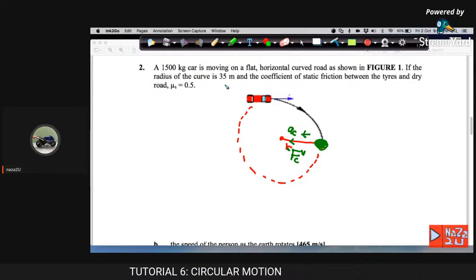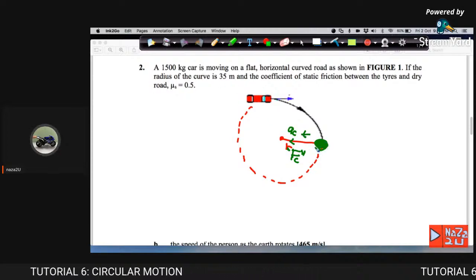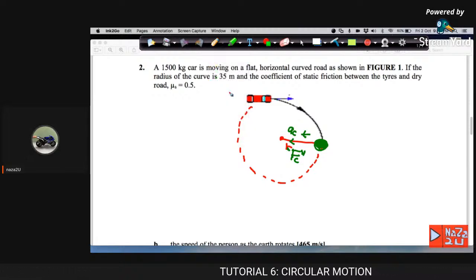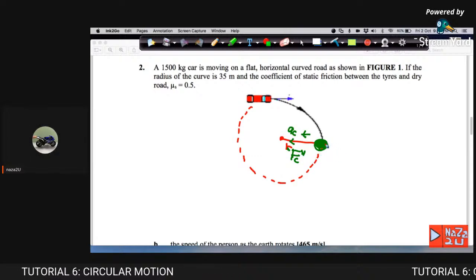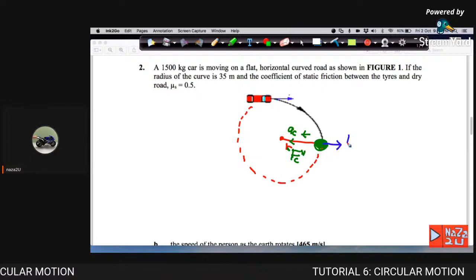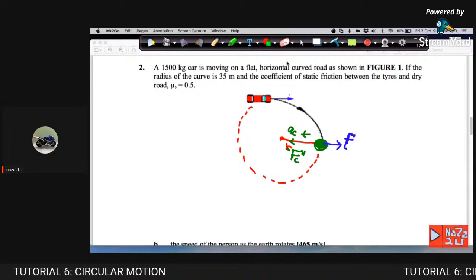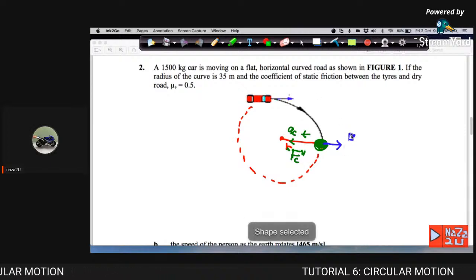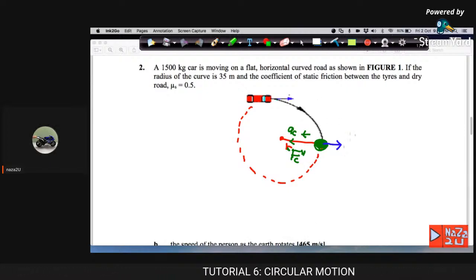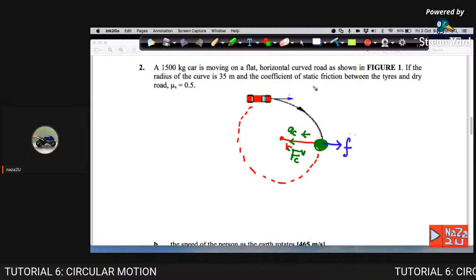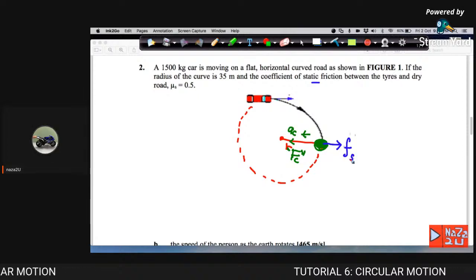Jadi yang berlaku sekarang ini, geseran di antara tayar kereta dengan permukaan jalan, the friction between the surface of the tire and the surface of the road, the direction of the friction is, let's say this is friction, the small f here, sorry, saya gunakan simbol dia. Yang biasa kalau friction kita pakai f ya, friction force. Sini we have static friction, so we have f subscript s.